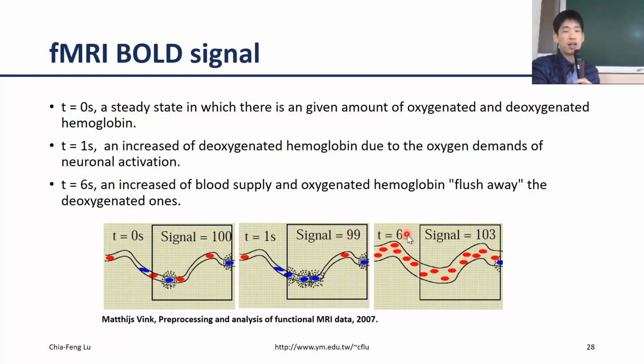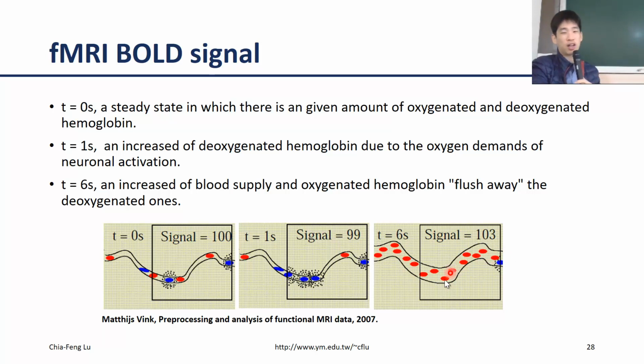But once the time comes to 6 seconds, we say that normally the vascular response will take 5 to 6 seconds to reach the peak value, I mean the highest vascular response. You can see lots of oxygenated hemoglobin is flushing in.